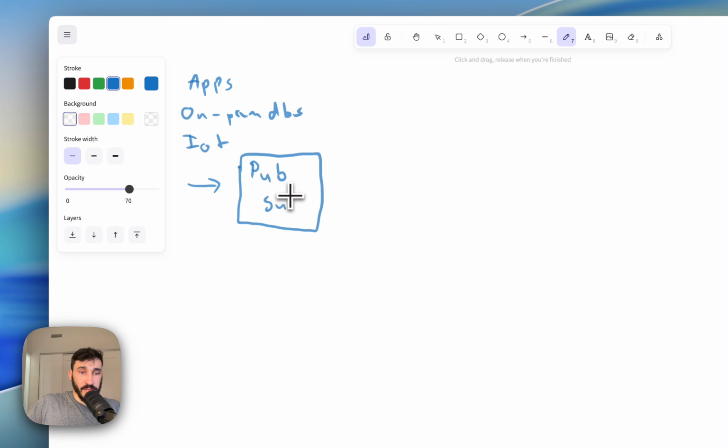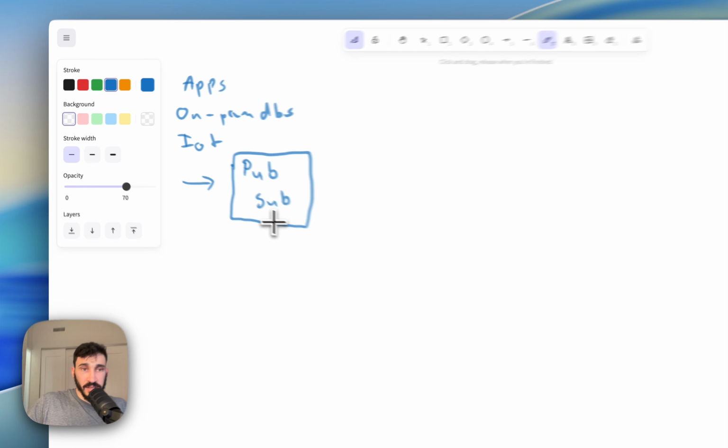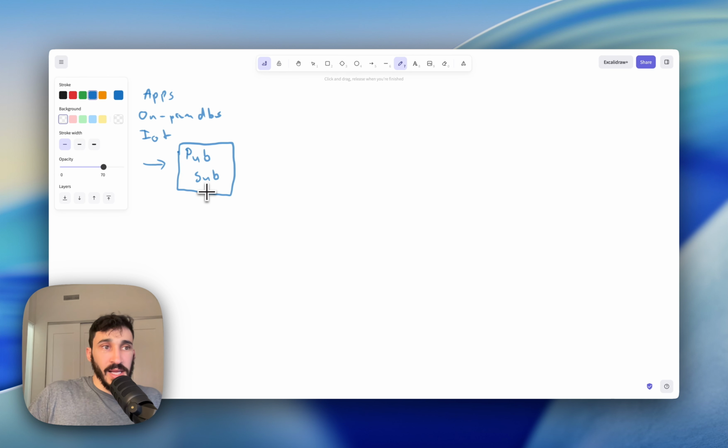right? So PubSub is your managed version of Apache Kafka. It's a message bus. It allows for the ingestion to be handled asynchronously, and for whatever the next step is after PubSub to be decoupled from the source.